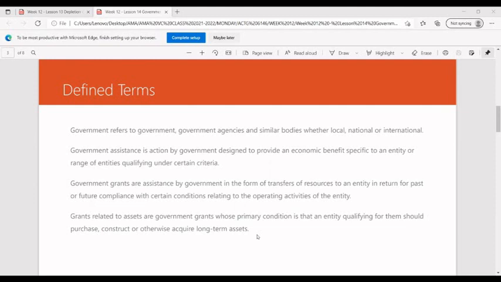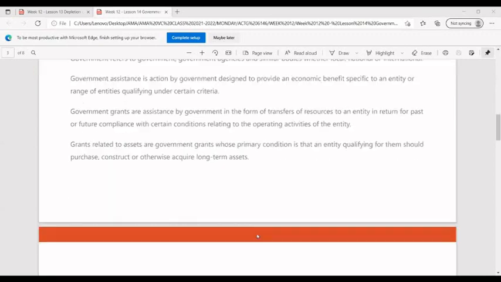Government grants are assistance by government in the form of transfer of resources to an entity in return for past or future compliance with certain conditions relating to the operating activities of the entity. Grants related to assets are government grants whose primary condition is that an entity qualifying for them should purchase, construct, or otherwise acquire long-term assets.